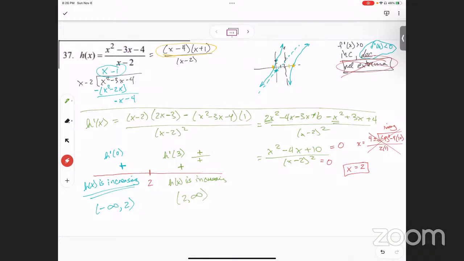No, when it's top heavy, that means there's no horizontal asymptote. When it's bottom heavy, if this was a 3 down here, then it would be 0. But when the degree on the top is bigger than the degree on the bottom, there's a slant asymptote, but there's no horizontal asymptote. Oh, okay.